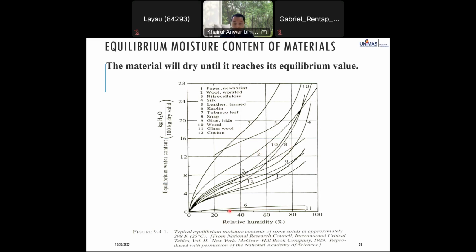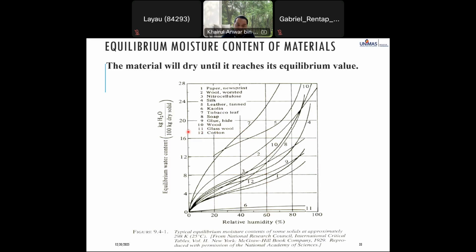So how to use this? Let's say for number 5. Let's say at 60% relative humidity. From here, you can actually get the equilibrium water content of the material. At 60% HR, we get around 17, maybe 17 kg H2O per 100 kg dry solid.